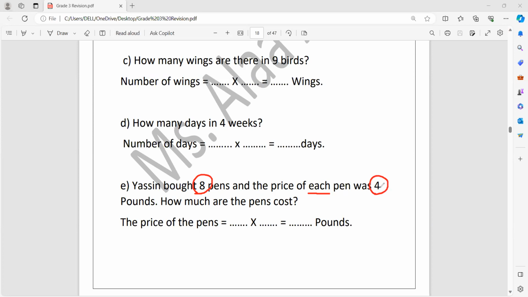So we will put 4 and 4 and 4 and so on. So you will repeat number 4 8 times. So you can write 4 times 8 or 8 times 4. So the product will be 32.